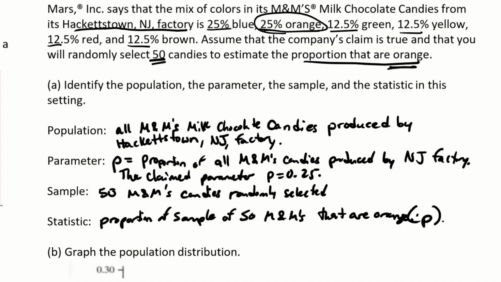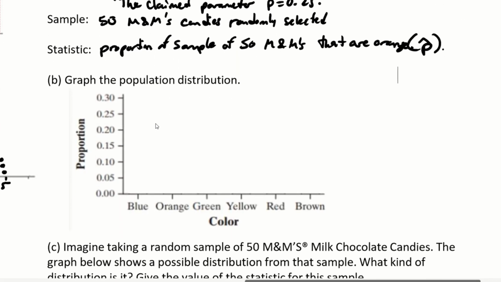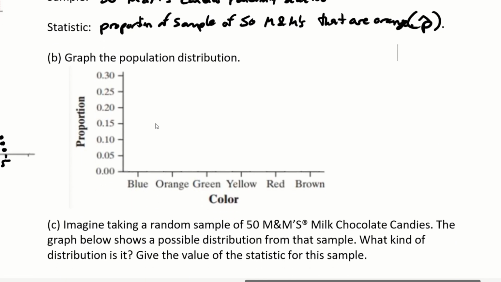That's a description. Okay, so the next thing is they want you to graph the population distribution. So we're going to graph blue, which was 25% blue. Now this is not a histogram, guys, so the bars don't have to touch. This is just a bar graph, okay?